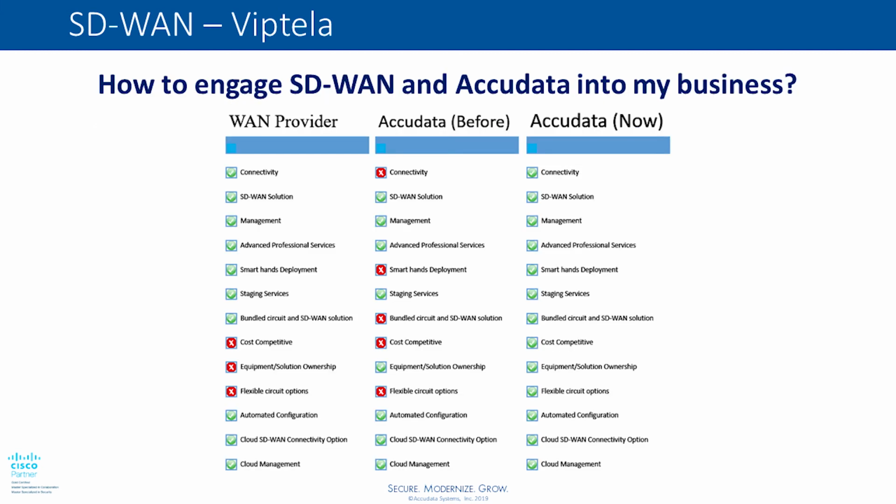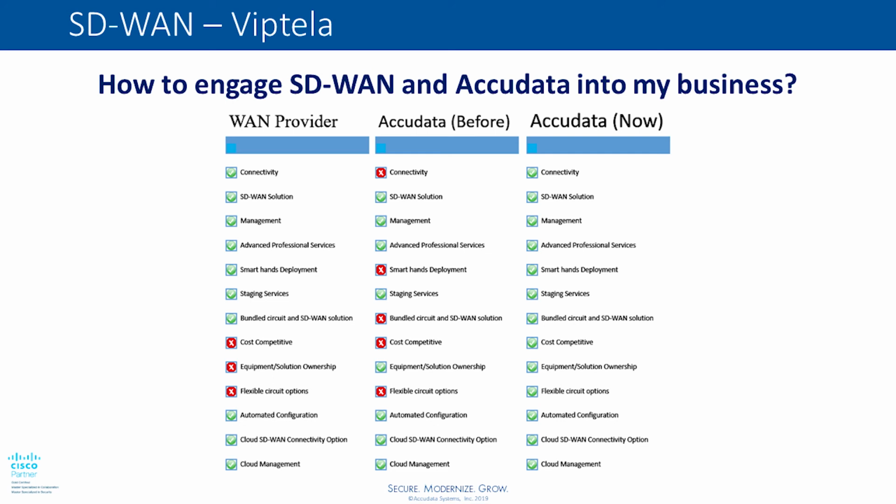How to engage SD-WAN and Accudata into my business? Nowadays, you can find some solutions with your current WAN provider that can be offering SD-WAN for you. Back in the days, at Accudata, we were offering SD-WAN solutions through different vendors, but we were not covering the connectivity and the smart hands deployments as well.